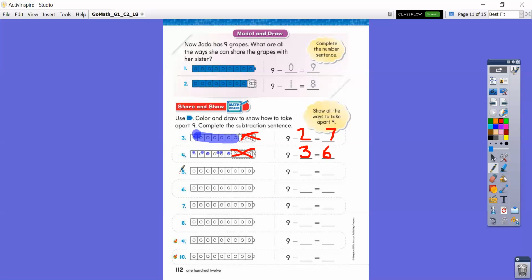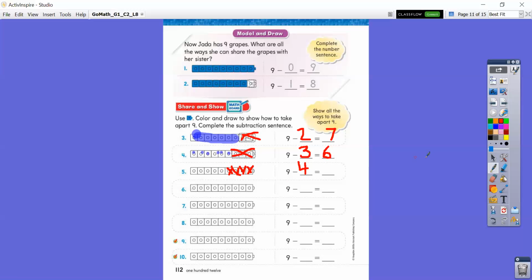Okay, again, we're starting with 9 here. Now, last time she took away 3. So how many are we going to take away this time? 2, 3, 4. Let's start by putting that number in there. Okay, so we've got to go back over to our cube train, to our grapes, and we're going to cross out 4 of them. So let's start here. We go 1, 2, 3, 4.